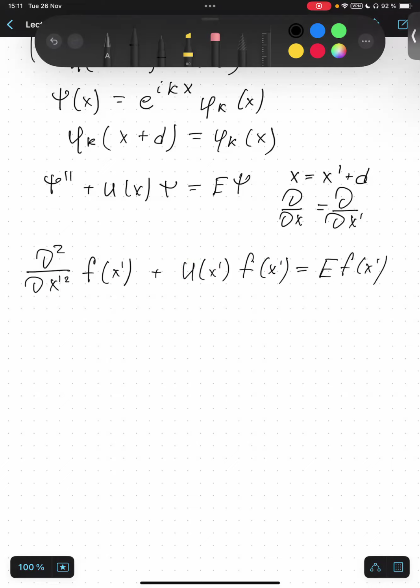So all the coefficients are the same in this equation.